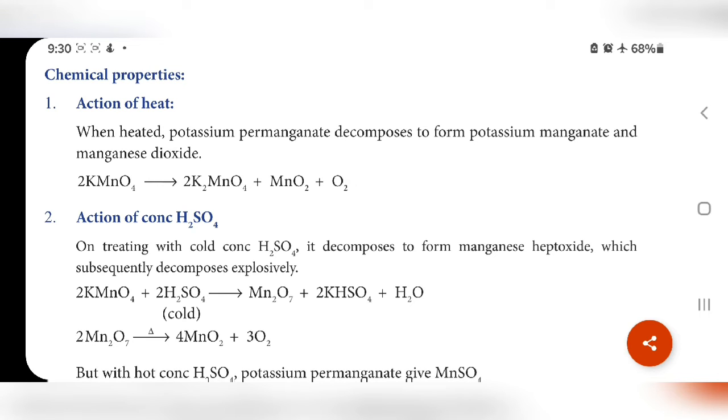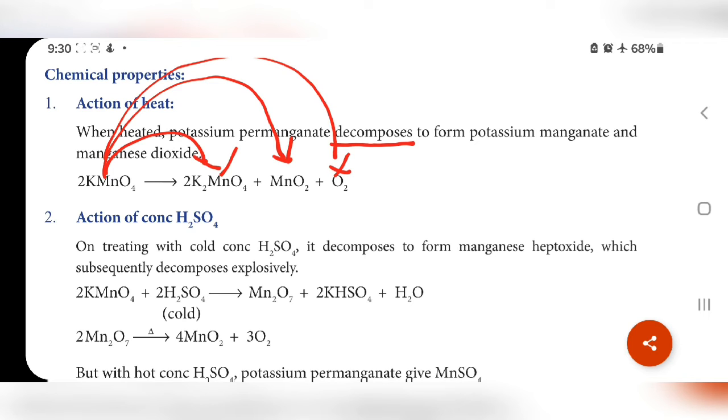Potassium permanganate, that is KMnO4, decomposes means what? Splitting. Decomposes means splitting. So it is split into potassium manganate, manganese dioxide and molecular oxygen.